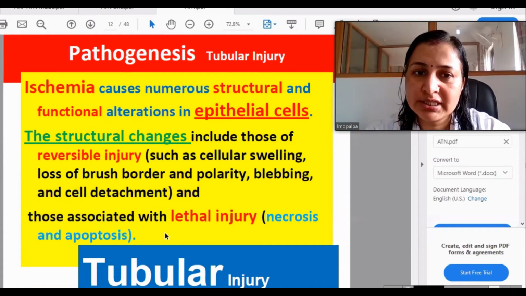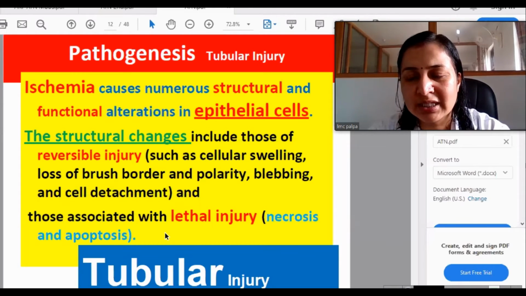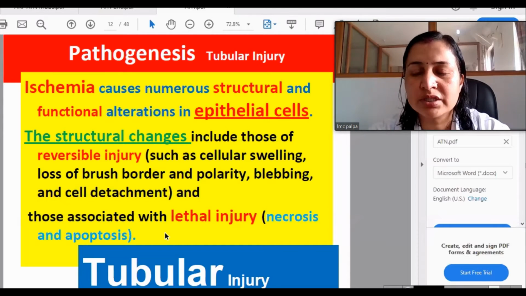Now pathogenesis again. What happens there? Either there is ischemia or toxicity, and both can cause damage to tubules. Ischemia causes numerous structural and functional alterations in the tubular epithelial cells. These structural changes lead first to reversible injury. I hope you know the sequence of cell injury, cell degeneration, and cell death from your first year.